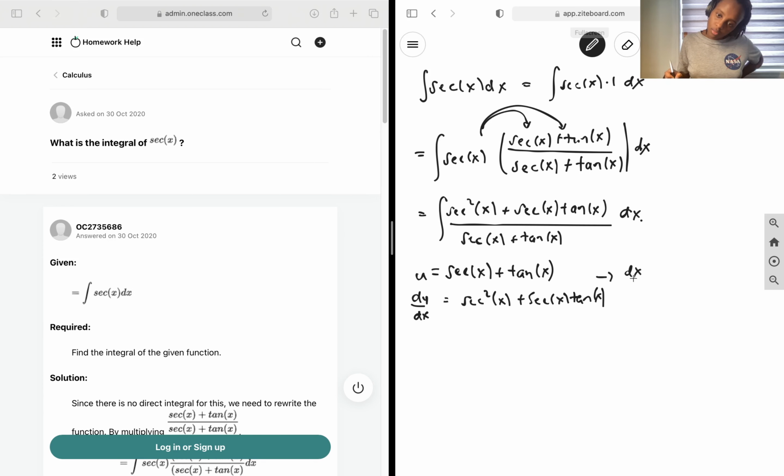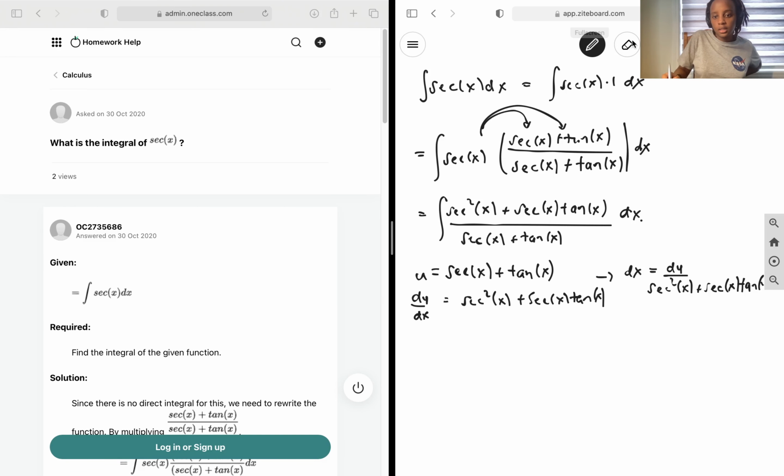So this means dx is equal to du over sec squared x plus secant x tan x.